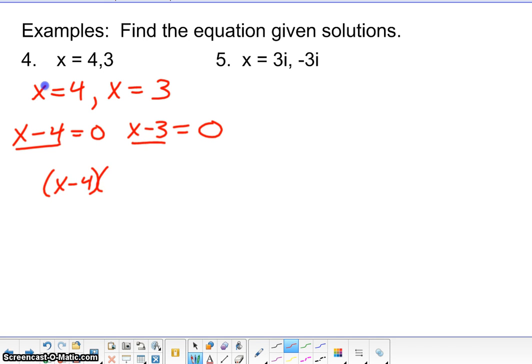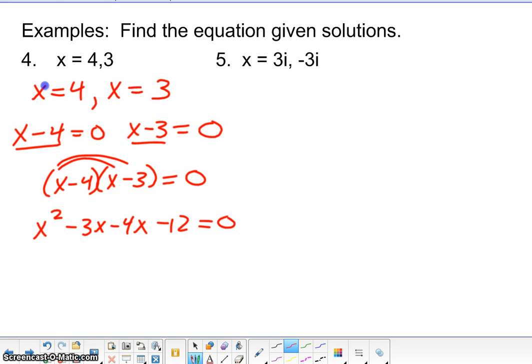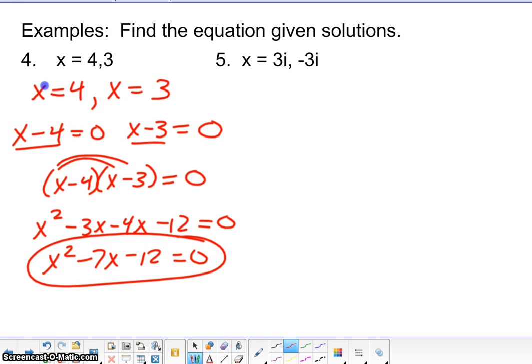So x minus 4 and x minus 3 are factors of the equation, and now all we have to do is FOIL. So we have x squared minus 3x minus 4x plus 12 for a final answer of x squared minus 7x plus 12. And that would be the equation or the polynomial for the problem.